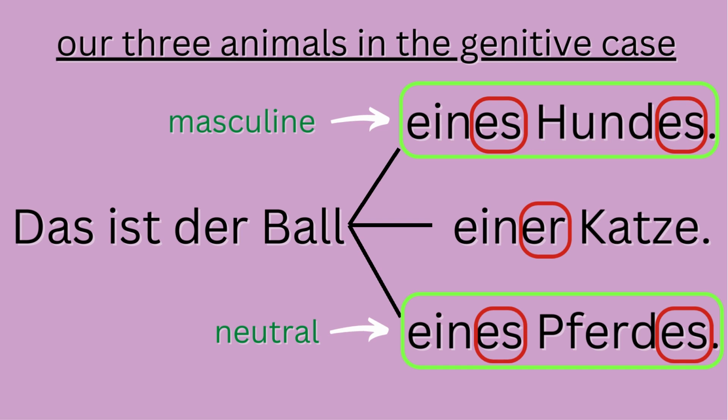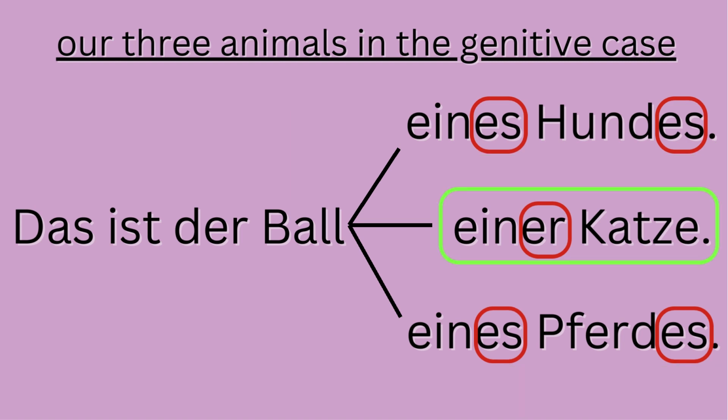The same thing for the horse. Ein Pferd turns into eines Pferdes. So that's how the genitive case is being created. For the cat, this is where it gets a little bit confusing because the R ending very often is a masculine ending like der Hund, right? But in this case, for the genitive case, we have an ending of ER for the indefinite article einer Katze.